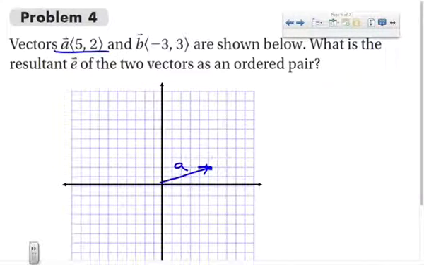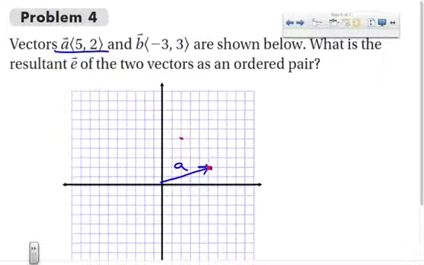And I'm going to take vector B and start it at the terminal point of A. In other words, I'm going to start B where I ended A. So from there, I'm going to go left 3 and then up 3. So left 3, 1, 2, 3, and then up 3, 1, 2, 3.